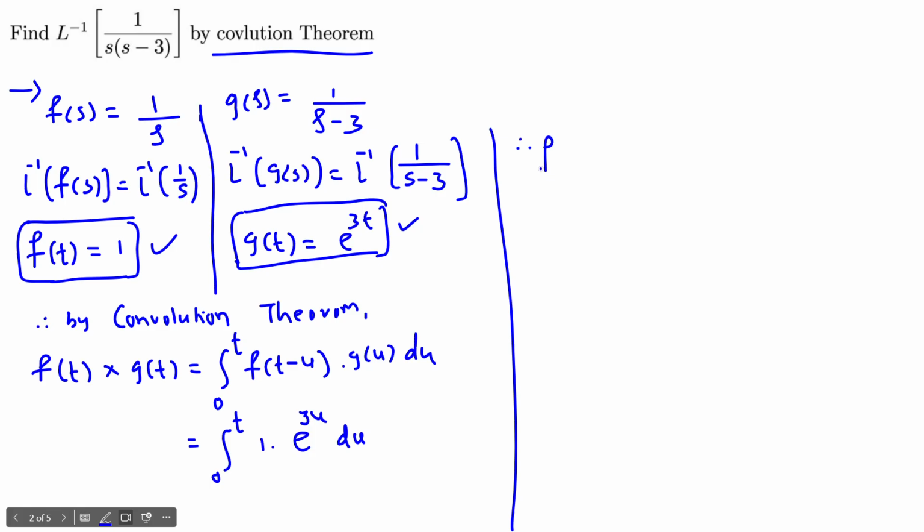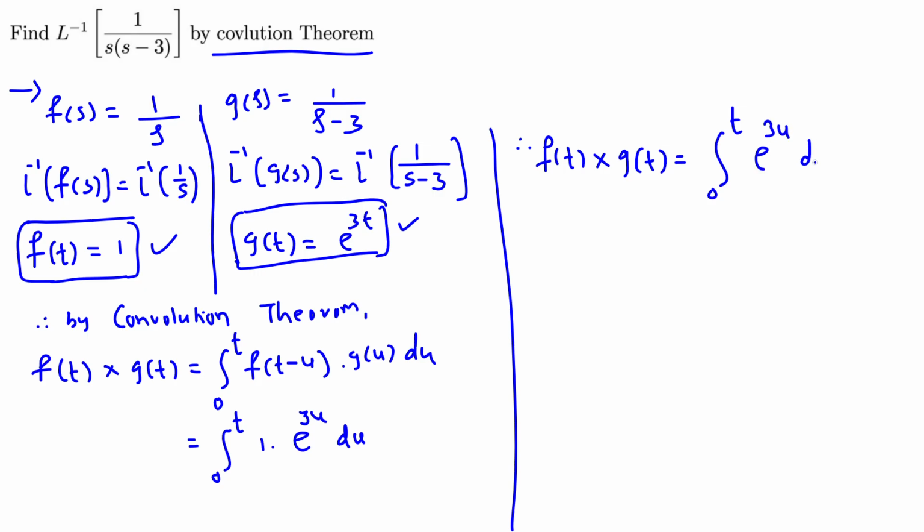Therefore f of t multiplied by g of t is equal to the integration with limits 0 to t of e raised to 3u into 1, which is e raised to 3u du. Now we know that the integration of e raised to x is e raised to x, right? So the integration of e raised to 3u will be e raised to 3u divided by its coefficient. Its coefficient is 3 here. You have to put a square bracket on the right hand side and put the limits on the right hand side. Now 1 by 3 is a constant, I'm taking it outside.